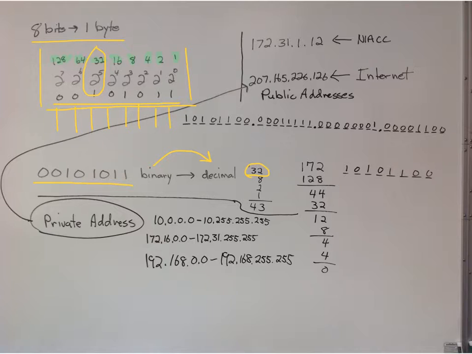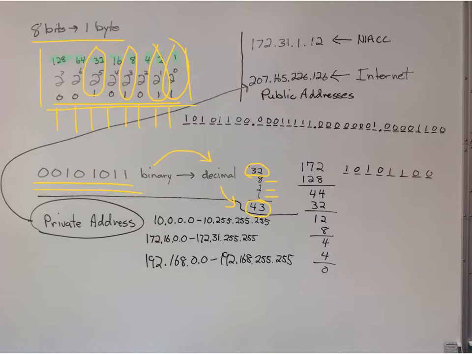And we have one group of 8, so I wrote that down. And we have one group of 2, one group of 1, and then we added them up. So 43 was the right answer. That's the decimal equivalent of this number in binary.